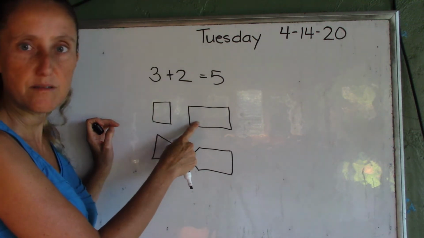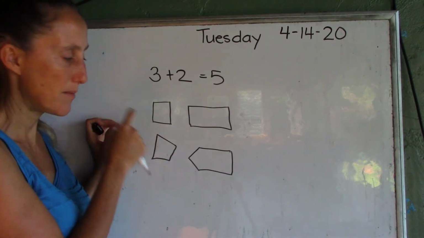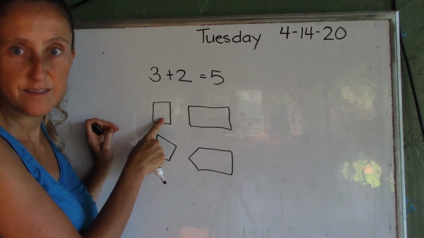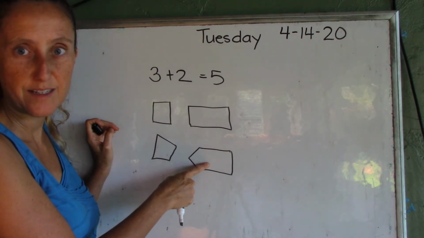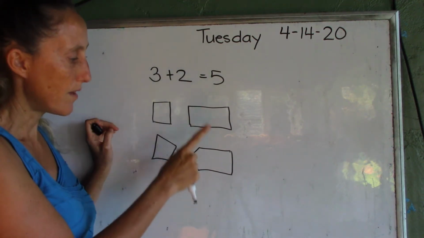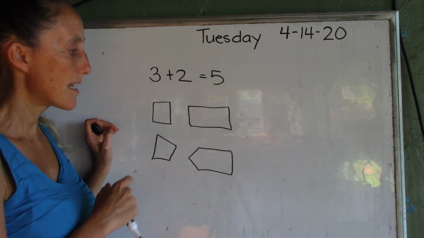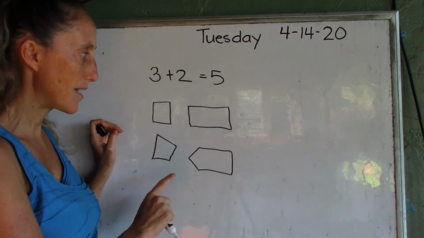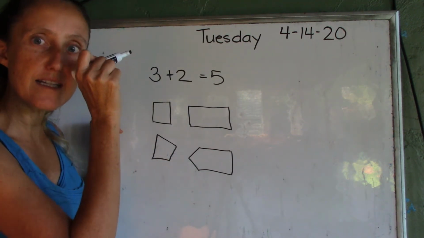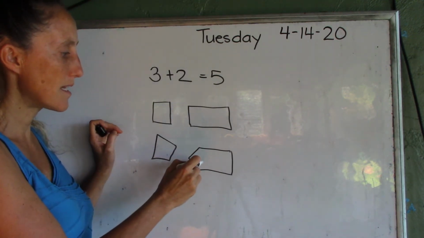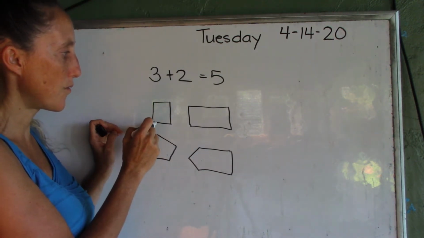Do you think this one? How about this one? Do you think this one? What about that one? Well, if you chose this one, you are correct. Because it is different, because if you count the number of sides on each shape, you'll see that this one has a different amount. The square has 4.